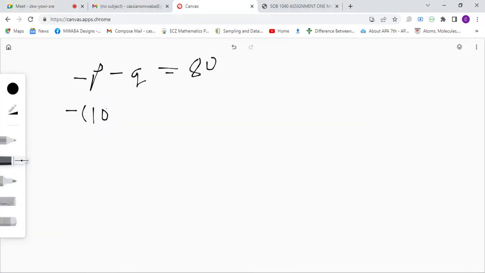Negative P equals negative 10, so negative 10 minus Q equals 80.